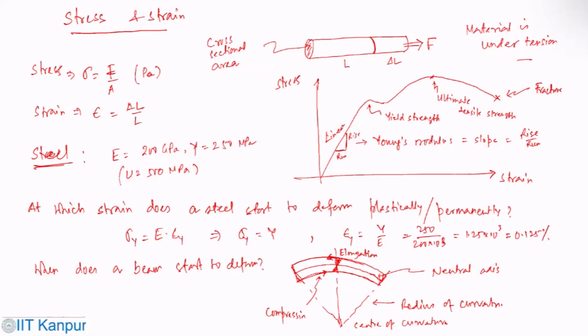This distance is D, and the thickness is 2D.